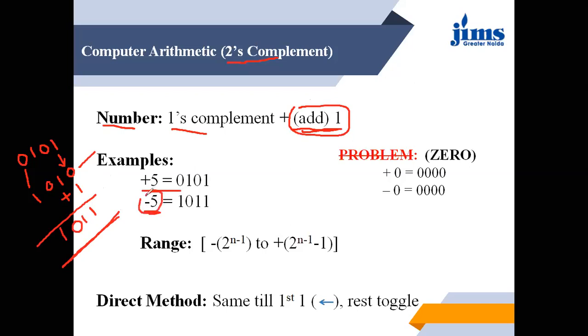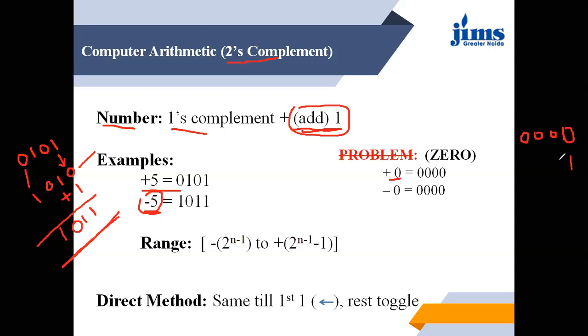Here the problem of ambiguity in representing 0 has also been resolved, meaning there is only one representation of 0. When I write the value of plus 0, it equals 0 0 0 0. When I have to write the 2's complement of this, first I complement it, toggling all the bits from 0 to 1.